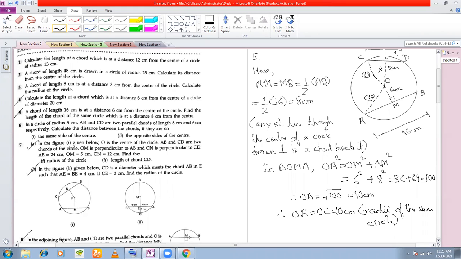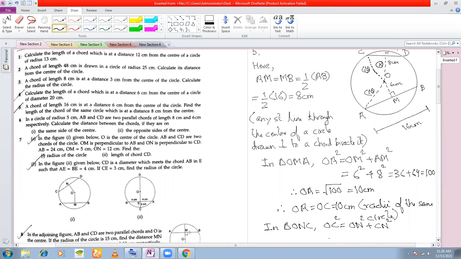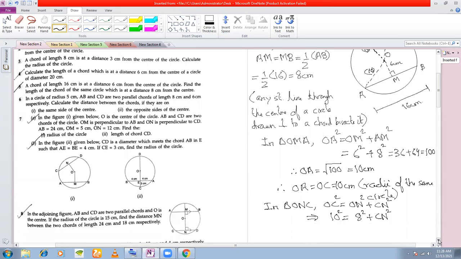Now if you look at this triangle, it is right angled, right? So in triangle ONC, hypotenuse is OC, perpendicular is ON, and base is CN, right? Now put the values. OC we know as 10, ON is 8, and CN square. Now we can find out CN square, CN from here.